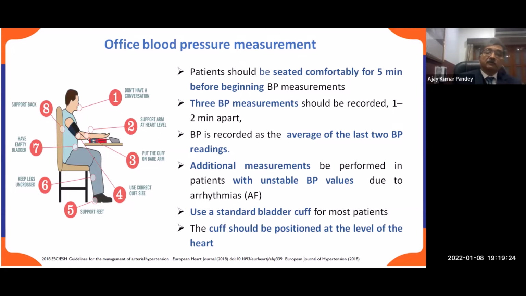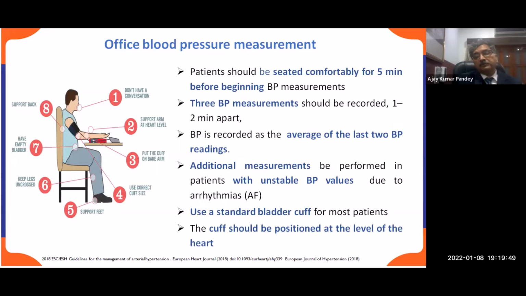Use a standard bladder cuff size, which is very, very important, because if you use a smaller cuff for a patient with a larger arm or an obese patient, we are going to measure a fallaciously high blood pressure. So use of a standard bladder cuff is very important, and in most patients we usually don't have those cuffs with us.